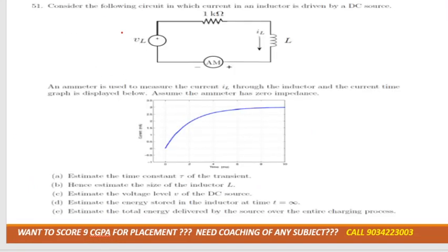Now see, in this question they said consider the following circuit in which current in an inductor is driven by a DC source. Estimate the time constant.